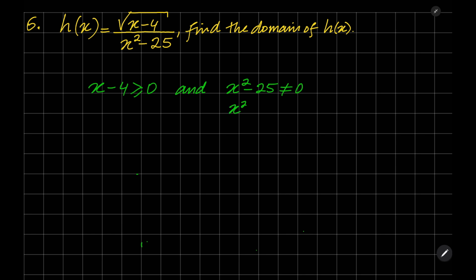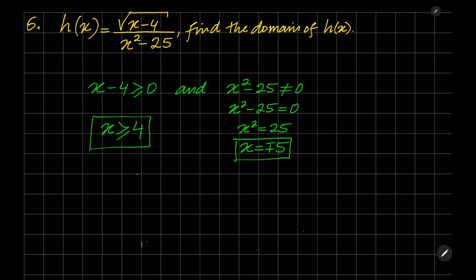Then x squared minus 25 is equal to 0 gives x squared equal to 25 and x equal to plus or minus 5. Here on the left-hand side, x is greater than or equal to 4. That means x cannot be equal to plus or minus 5.